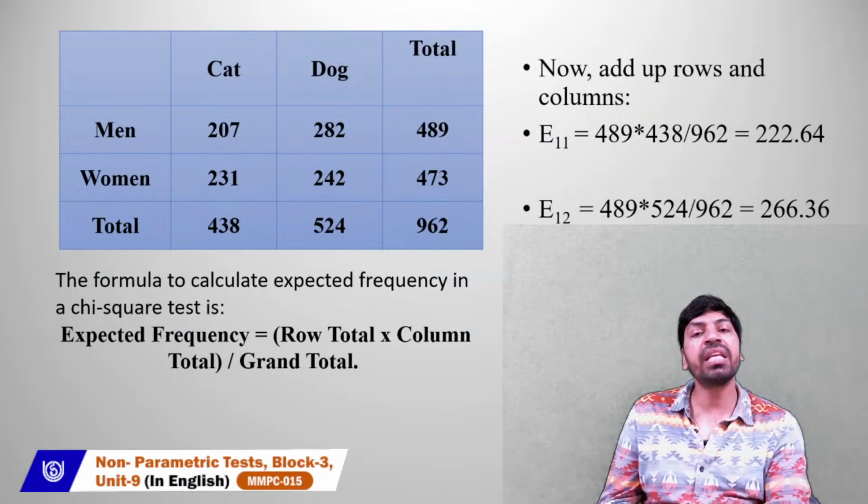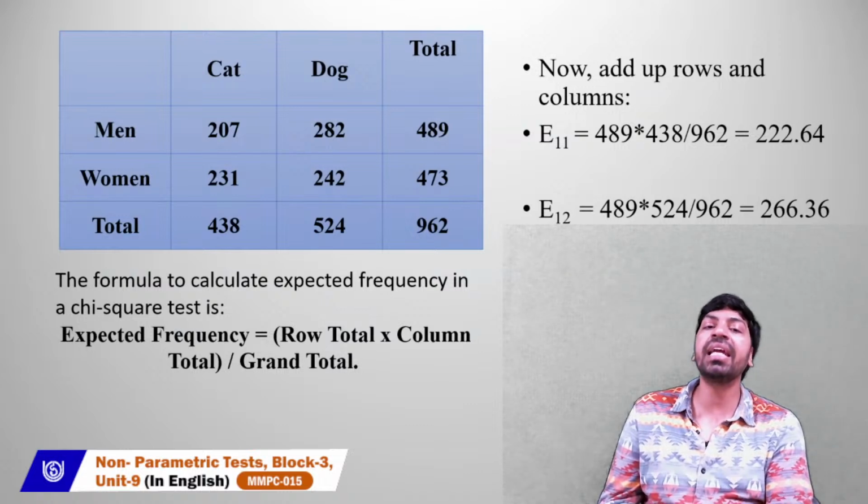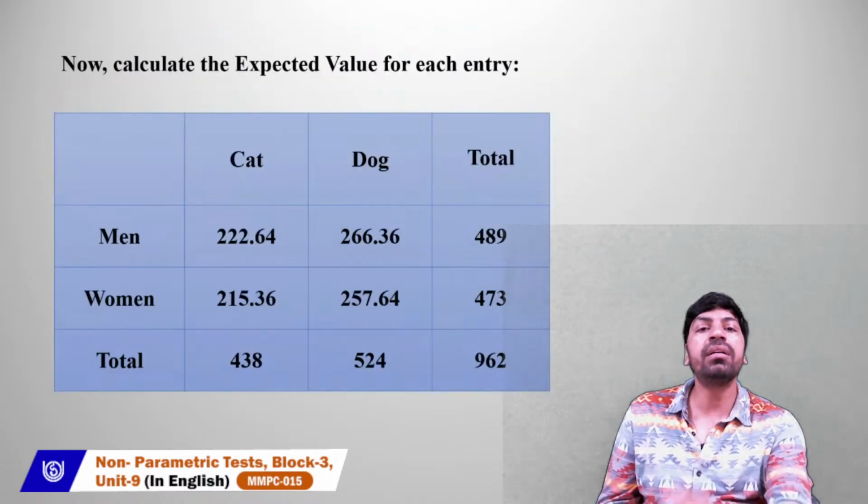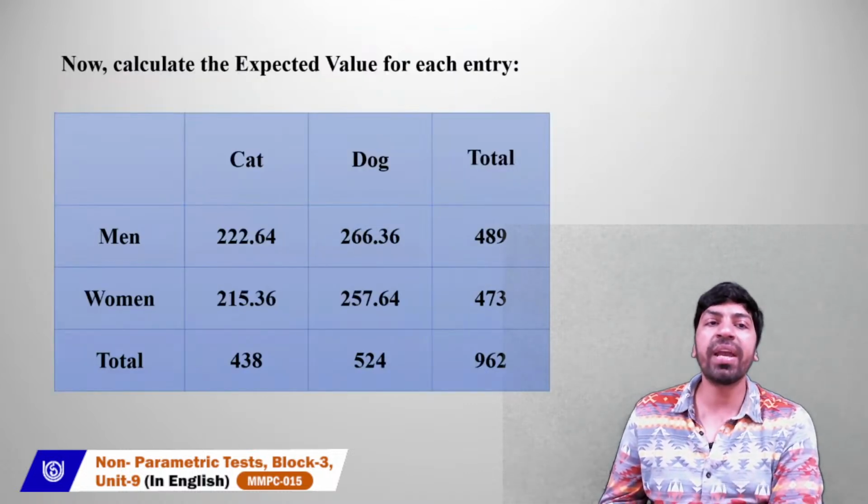Again, for second row and second column, we calculate 473 into 524 by grand total 962. In the next slide, we will look at the expected frequencies.